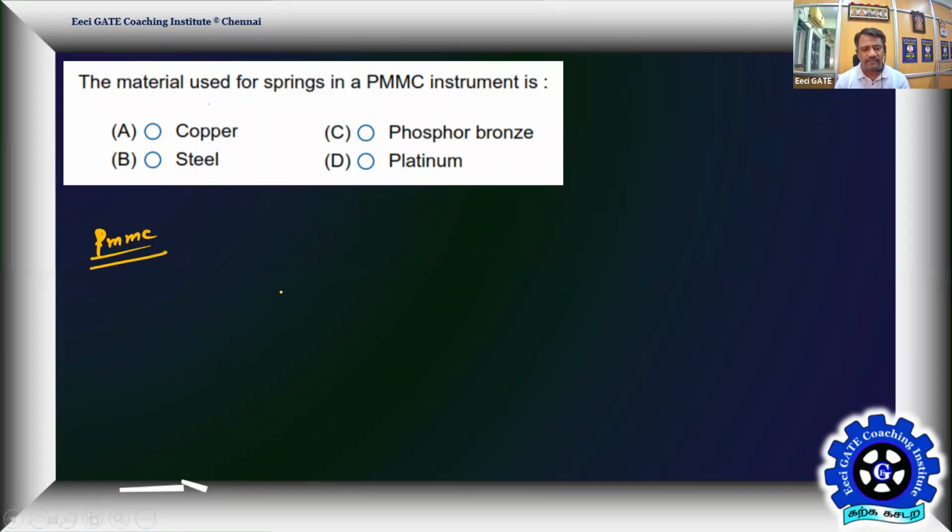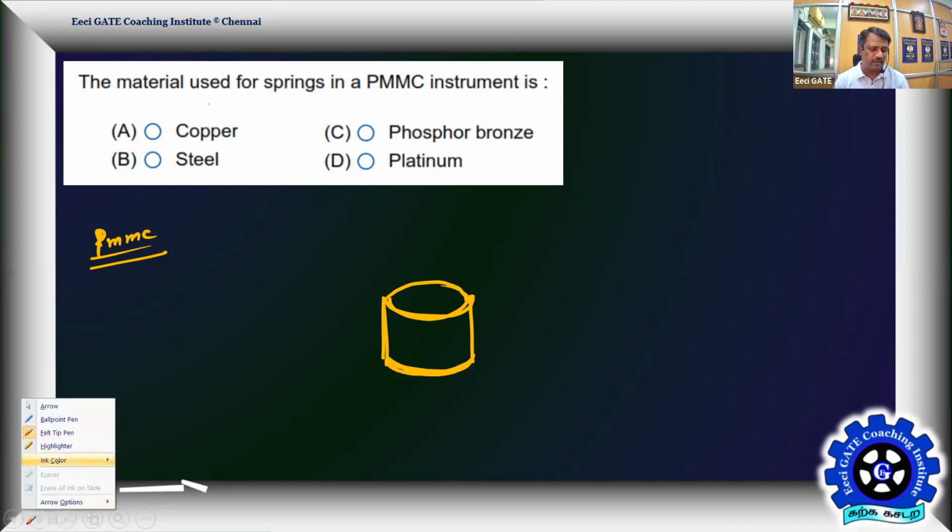So what we have is a cylindrical soft iron core. That's a moving assembly. And over this we have the aluminum former.